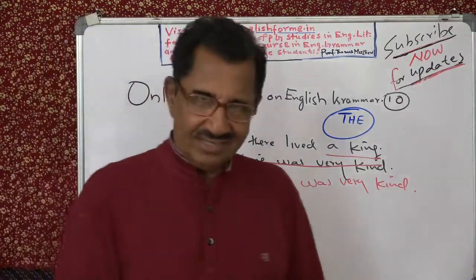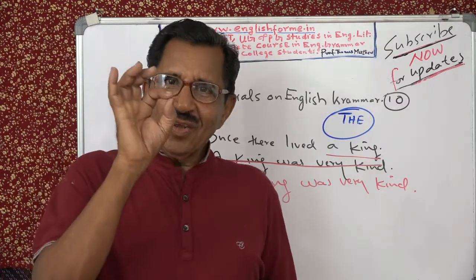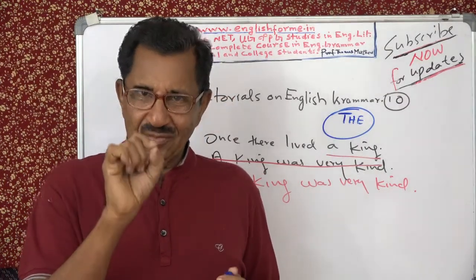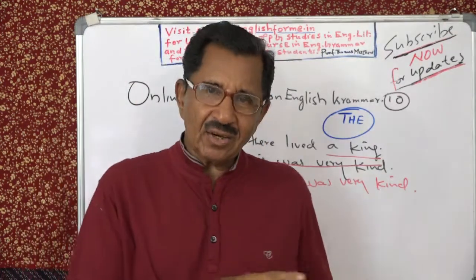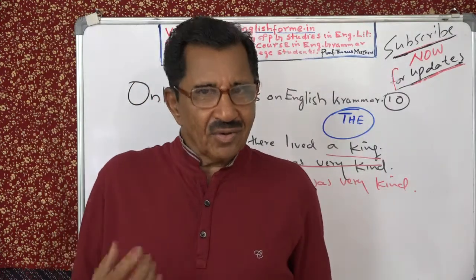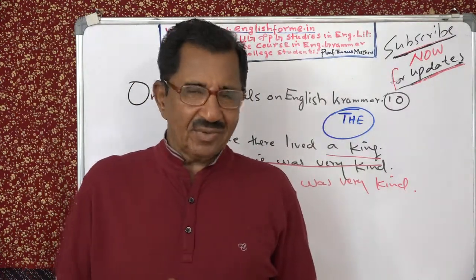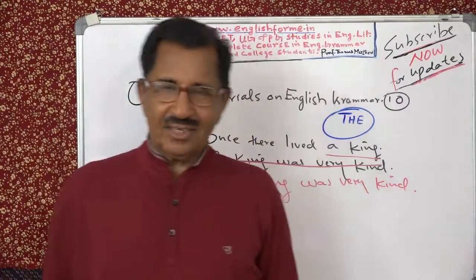So that means what? When you use a noun, it can be singular or plural, or it can be count or non-count, anything. As far as the is concerned, there is no such difference.